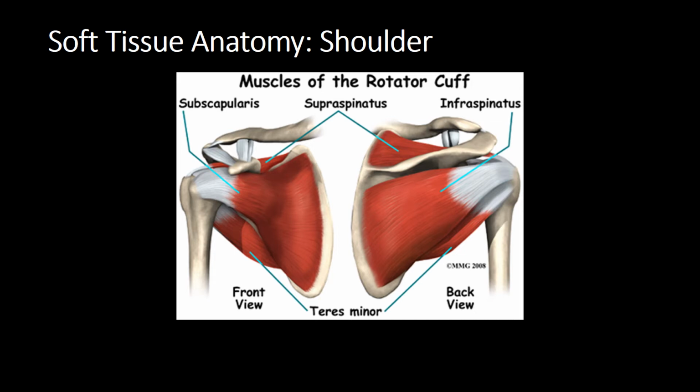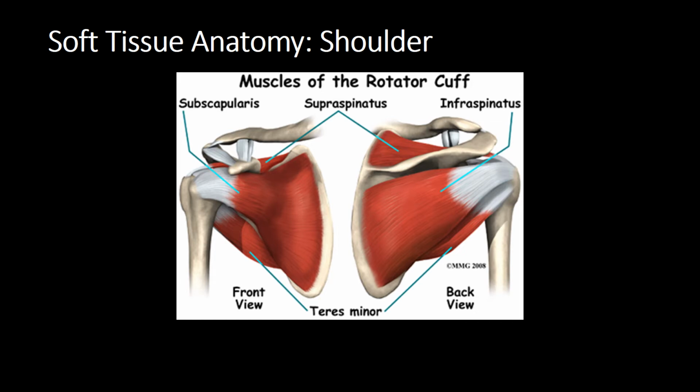Strictly speaking, the term rotator cuff is actually inaccurate, as the supraspinatus muscle is responsible for abduction. The other three are responsible for rotation, with the infraspinatus and teres minor responsible for external rotation, and subscapularis responsible for internal rotation. These muscles play a very important role in the stabilizing of the glenohumeral joint.